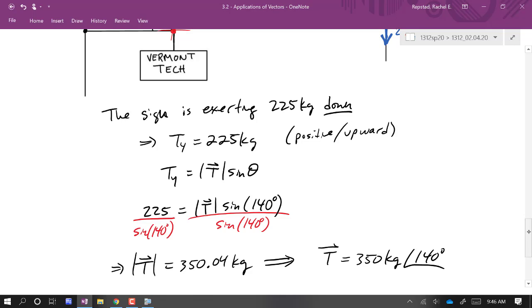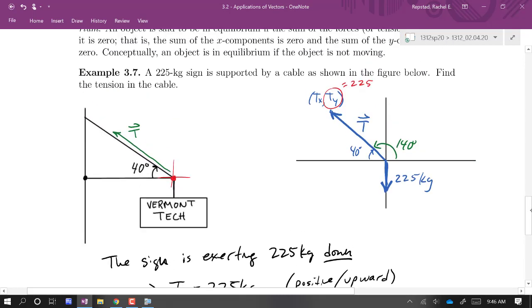You do want to be a little bit careful, because if we were talking about x components here, if I draw it this way, the x component is negative, and then I need to use that 140 degrees, and that'll still work out to give you the positive magnitude.